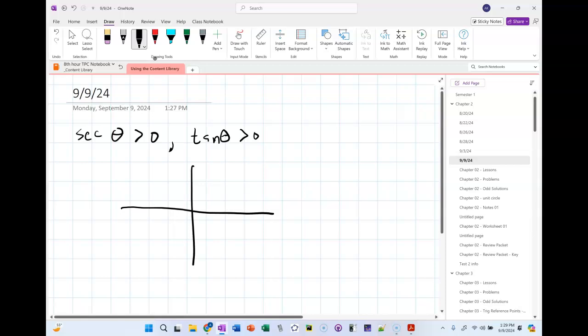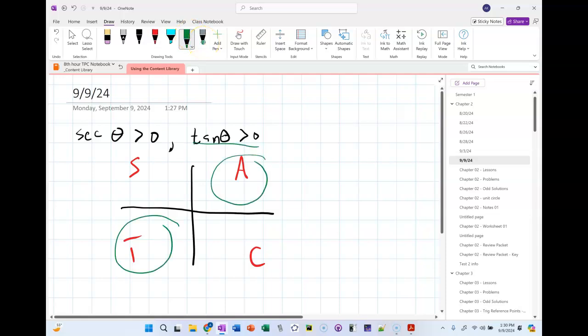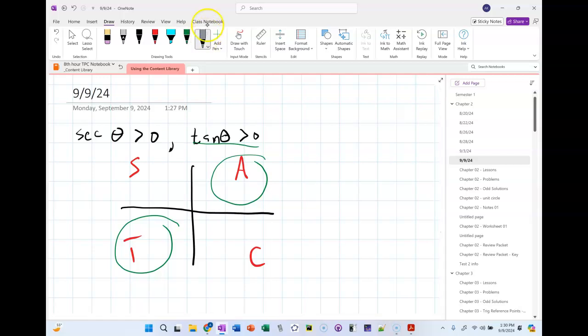Yep. So remember, we're just doing All Silly Turtles Crawl. For example, tangent is positive in A and T, for All and T for tangent. Secant is positive the same place.